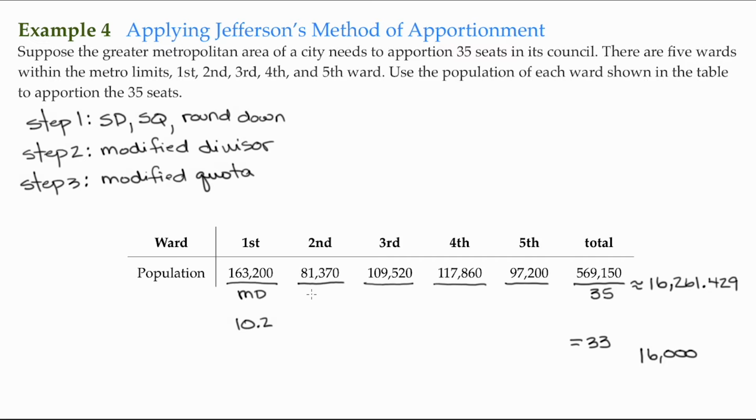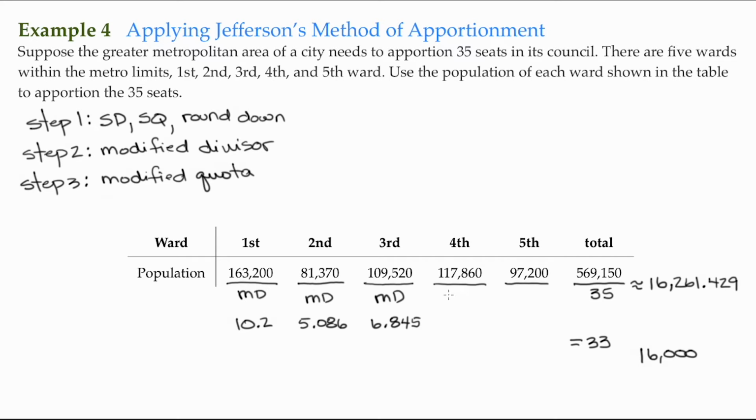We do the same thing here. Use a modified divisor. 81,370 divided by the modified divisor of 16,000 gives us 5.086. We do the same for the next subgroup, the third ward here. We use our modified divisor, divide by the modified divisor, and this comes out to be 6.845.